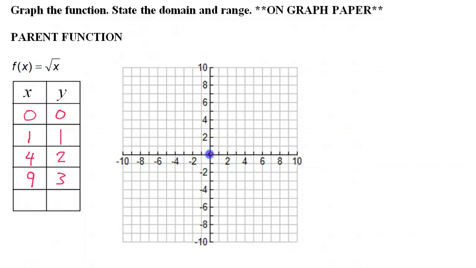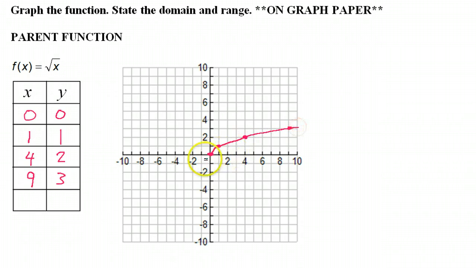So I'm starting here at 0, 0, and then I've got 1, 1, and then it's 4, 2, and then it's 9, 3. So this gives us a pretty good idea of what the function, the square root of x, looks like.